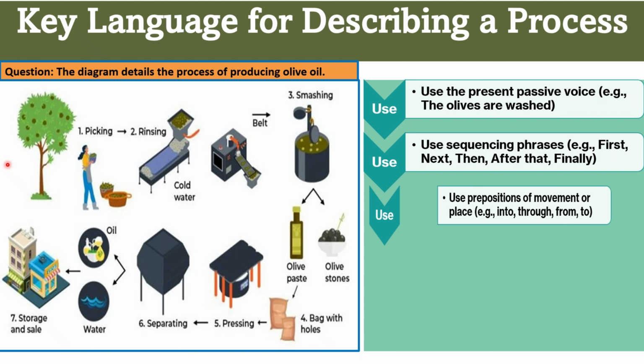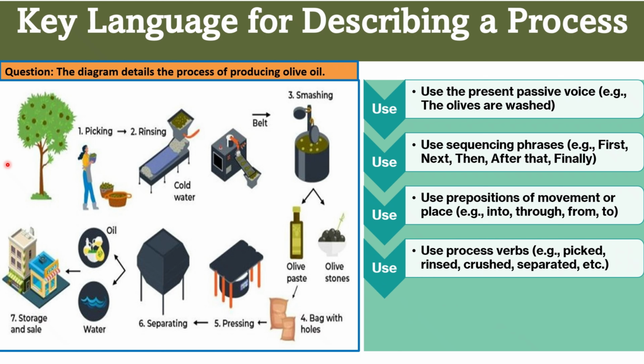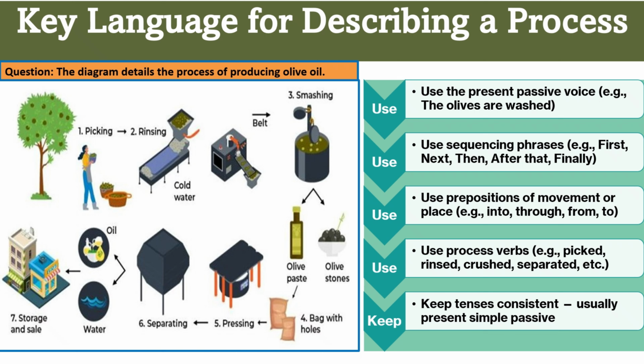You should also use prepositions like into, through, from, and to describe how something moves from one stage to another. And don't forget to use strong process verbs that reflect what's happening in each stage, such as picked, rinsed, crushed, separated, and so on. And most importantly, keep your tenses consistent throughout your response.